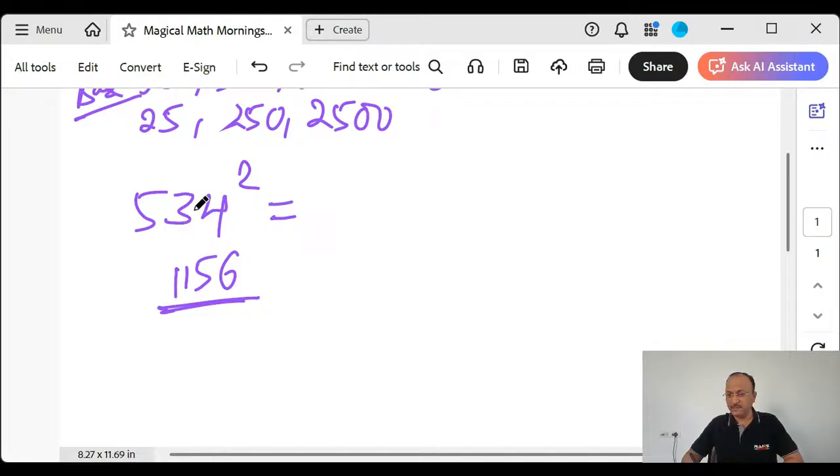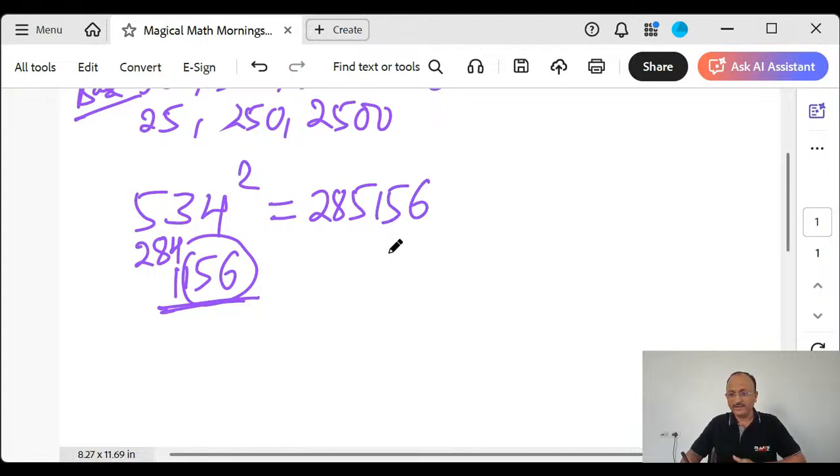Some of you have done that part correctly, 284. But we have to add 1156. That means only 156 you will take, 1 you will carry. What is the answer? 285 156.